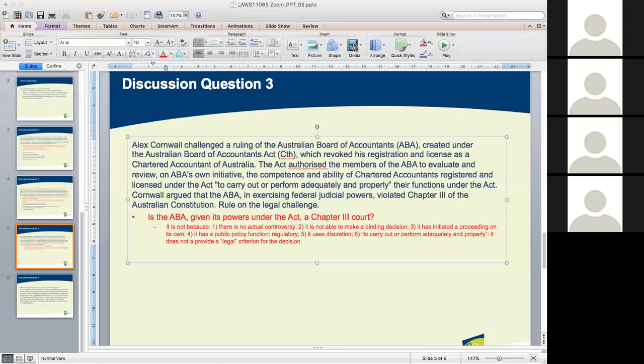It seems to carry out its functions on the basis of what is adequate or proper, which are not legal criteria. So on the basis of these dimensions, it is difficult to characterize the board as a Chapter 3 court. And because it is not a Chapter 3 court, obviously, it can perform non-judicial functions.